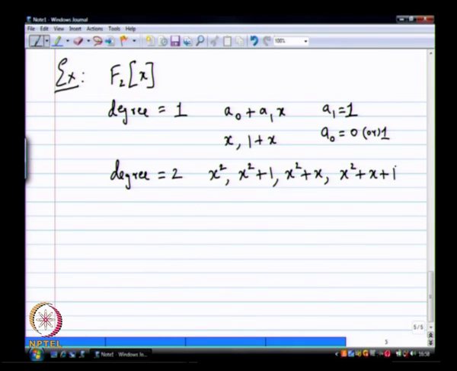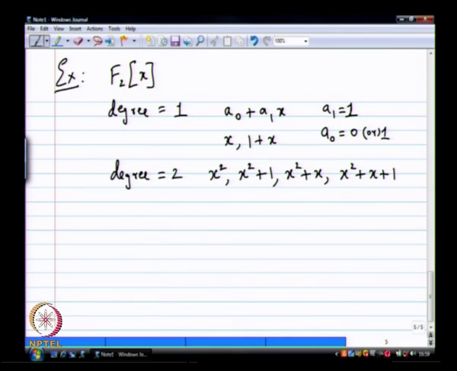So there are 4 different polynomials, and it turns out 3 of them are reducible and 1 of them is not reducible. So, for degree 2 the checks are easy. If at all a degree 2 polynomial can be factored into 2 polynomials of degree at least 1, the only way it can happen is 2 degree 1 polynomials.